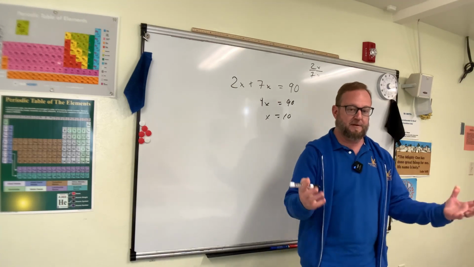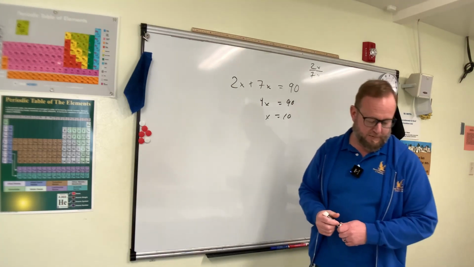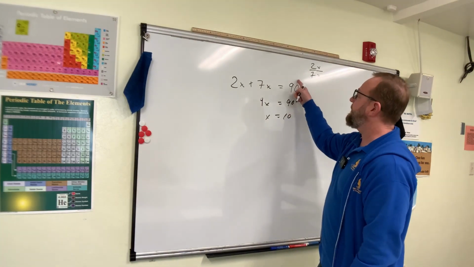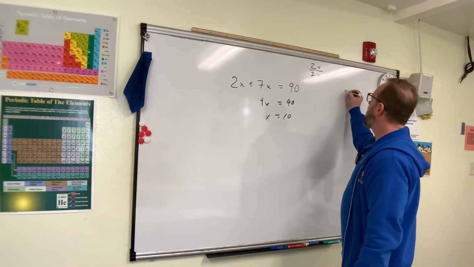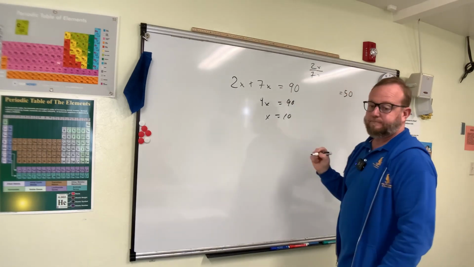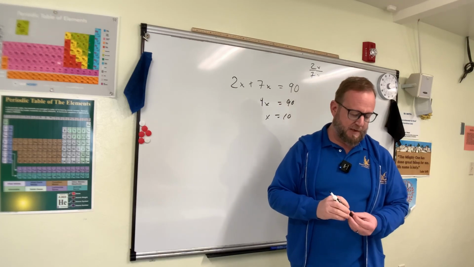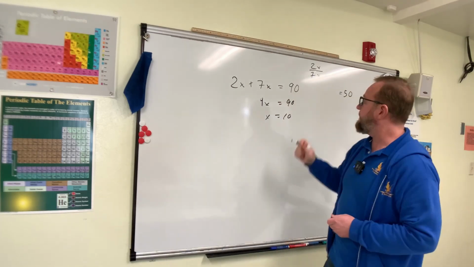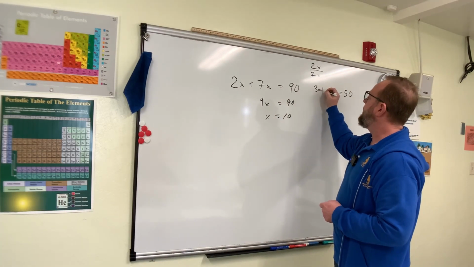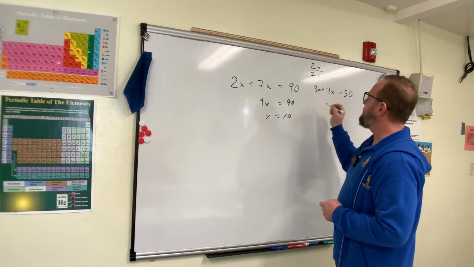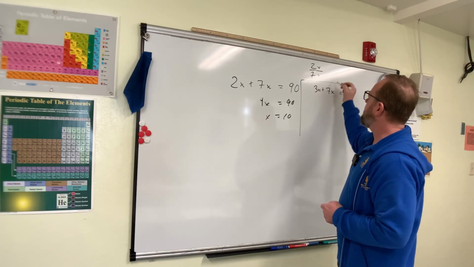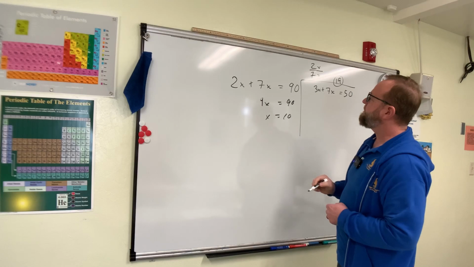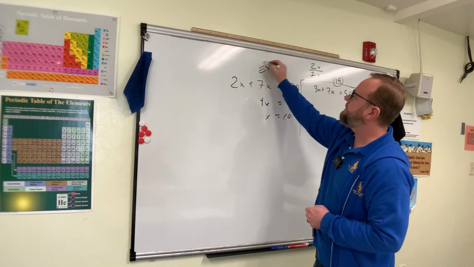You got this 50 centimeter board. So I suppose 50 is going to go here in place of this 90, because that's our total. And my ratio is 3:7. So that means I have 3x plus 7x equals 50. So this one here is problem number 19. This one was the example.